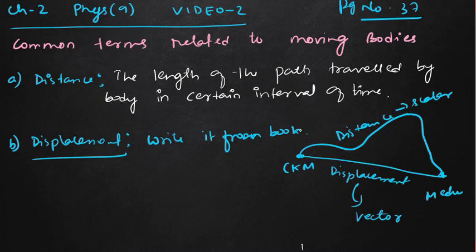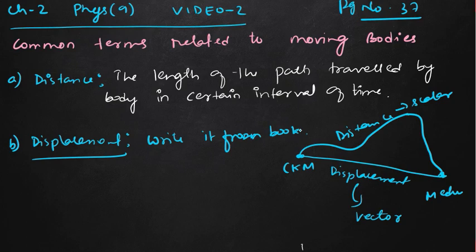Now we have to see the unit of distance. We have said that distance is our scalar quantity, whereas displacement is our vector quantity. So what is the unit of distance? We have two systems, the CGS system and the SI system. In the CGS system, distance is measured in centimeters, whereas in the SI system, the unit of distance is measured in meters.